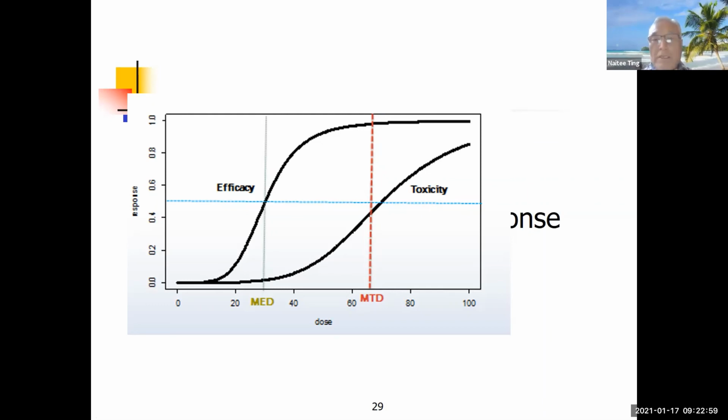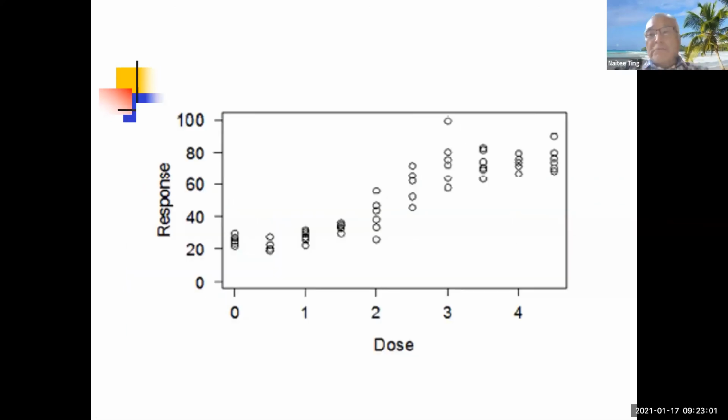In practice, the best dose-response relationship you could get probably looks like this. You have many study doses, and at each dose you have a few subjects. You measure their efficacy response and collect the data.